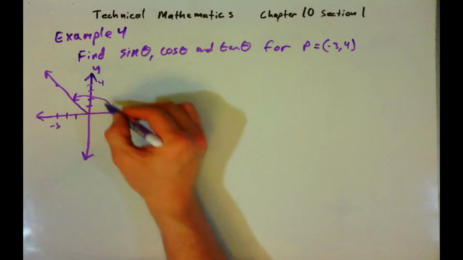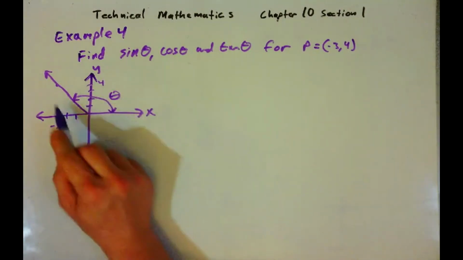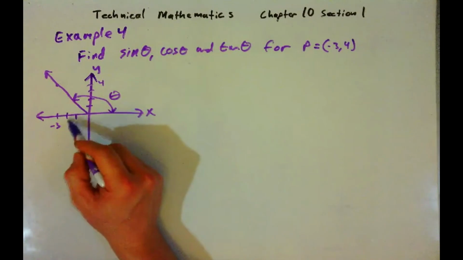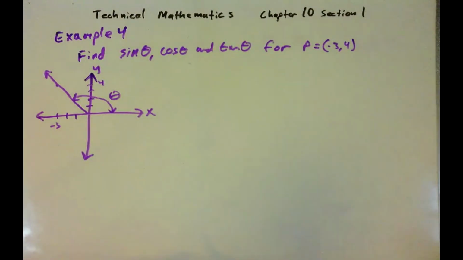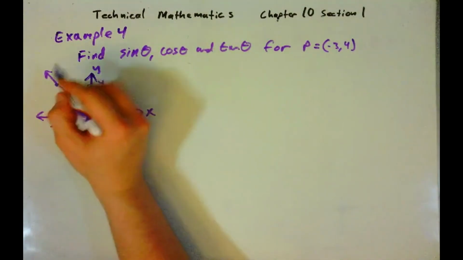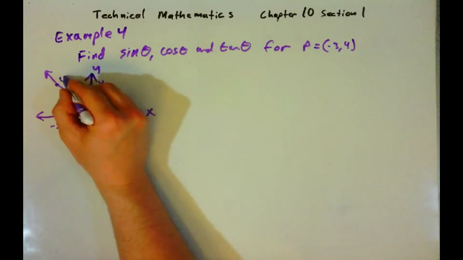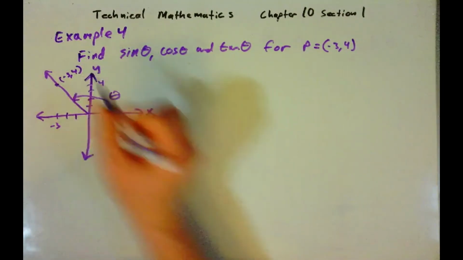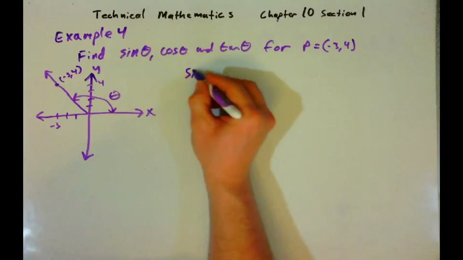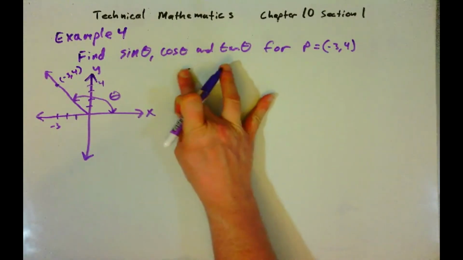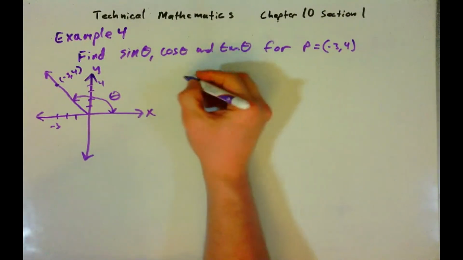So this is the angle that we're looking at. You can see that the angle is greater than 90 degrees, but less than 180, so it's in the second quadrant. And so the coordinates of the point that the terminal side passes through is -3, 4. Before I find the sine, let's find the hypotenuse first.